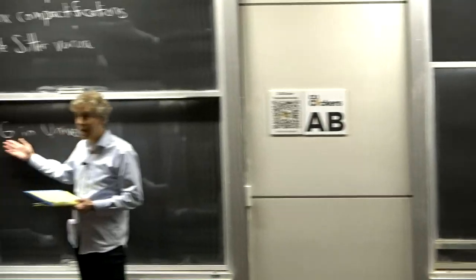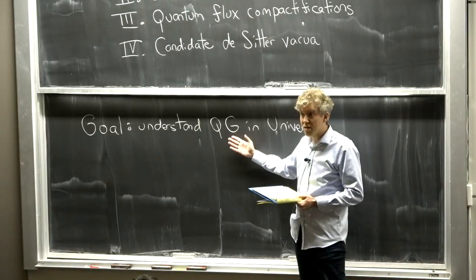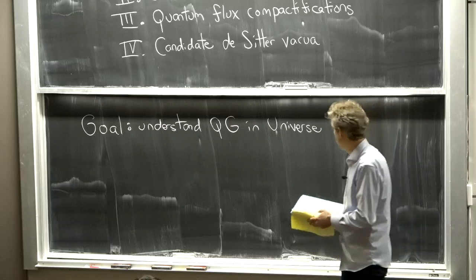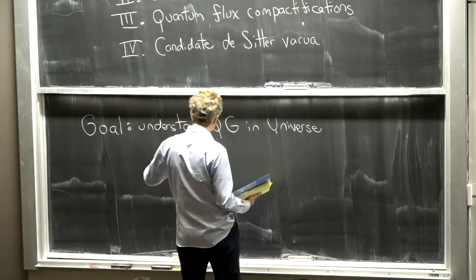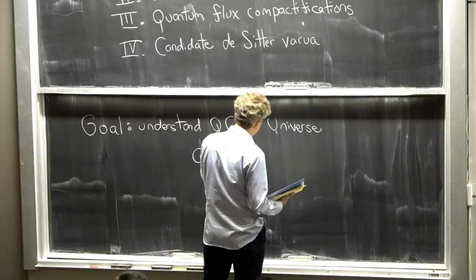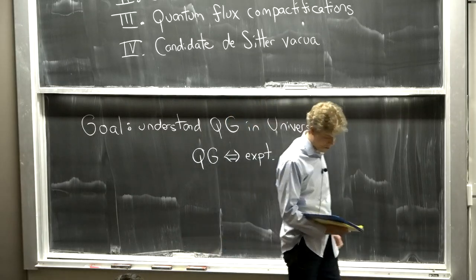And is there anything that we can learn by thinking about theories of quantum gravity that can make forecasts or influence design of future experiments? So we'd like to somehow link quantum gravity to experiment, all kinds of experiments.